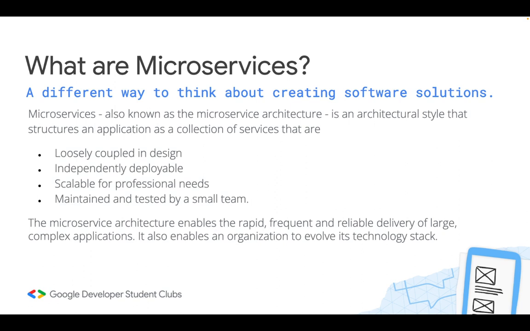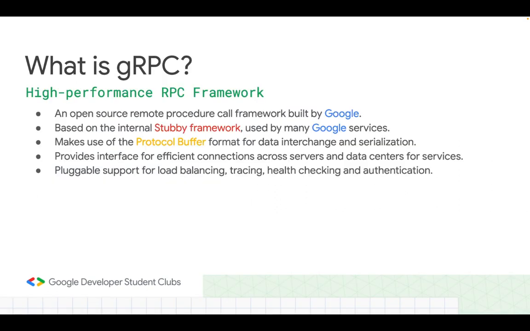It's somewhere else. gRPC is a remote procedure call framework designed by Google, and it's based on internal frameworks that they use at Google, one of the descendants of which is called Stubby. That's essentially how a lot of Google's internal services are run and operated.